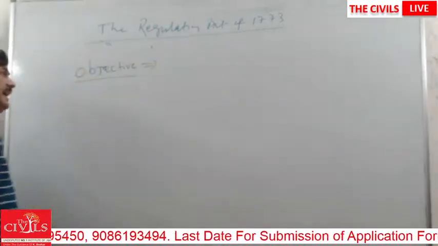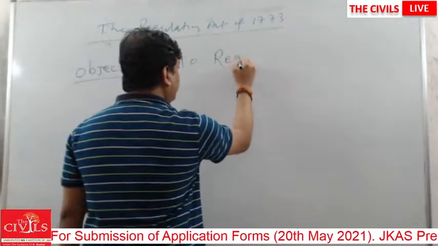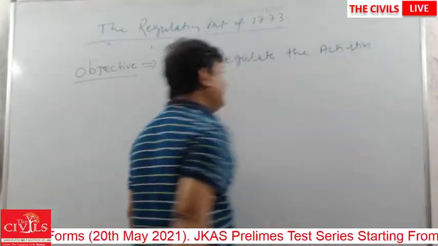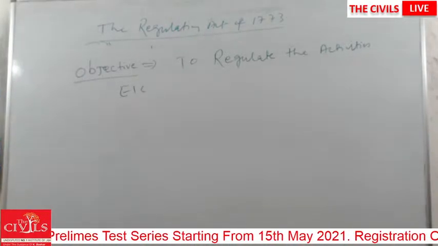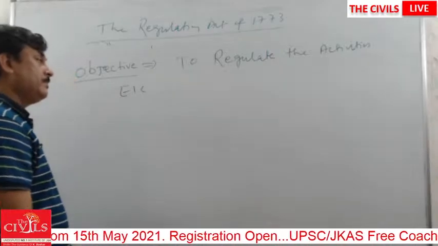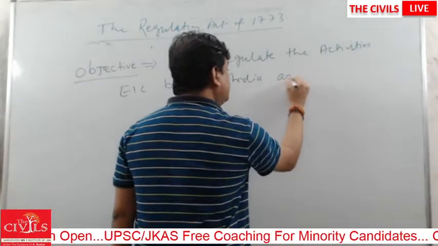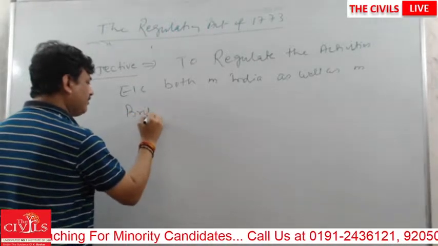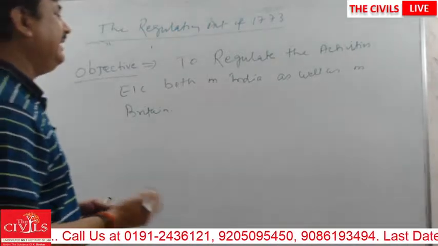The objective of this Regulating Act was to regulate the activities of East India Company, both in India as well as in England.